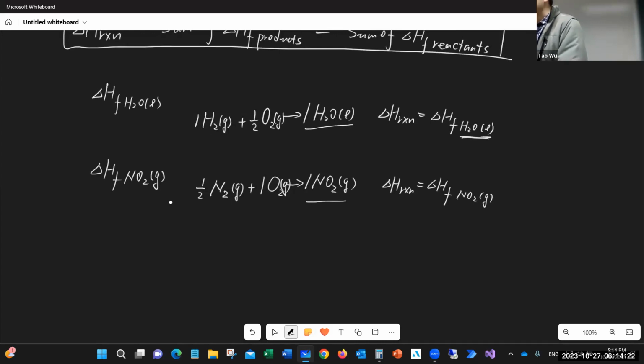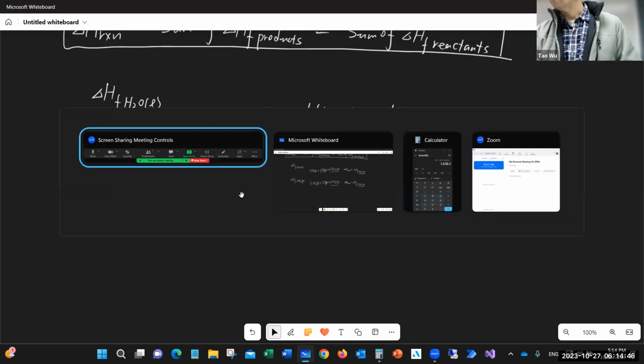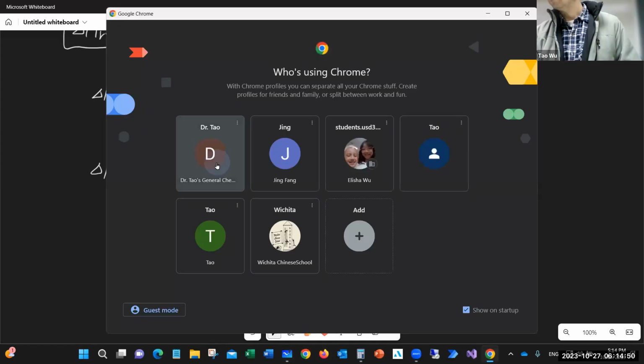Remember, whatever the product ends up being, the standard enthalpy of formation of the product is going to be the standard enthalpy of the reaction, based on these equations. Okay, so I can give you some examples about the enthalpy of formation.